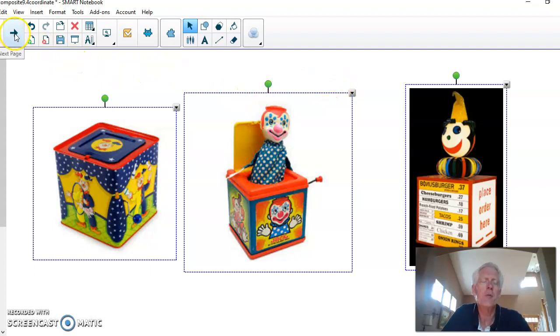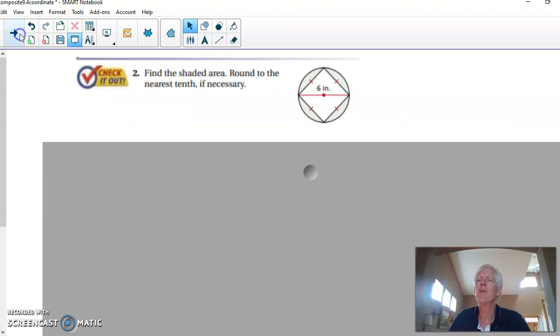So composite figures is basically finding the areas that you know, basically review, and putting them all together. It can get complicated. This example right here, I spent about 45 minutes on because I made two classic mistakes. I'm going to give you this example on the whiteboard. We'll do this one together. But before I do that, copy that down right now.